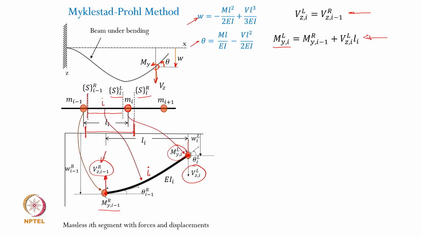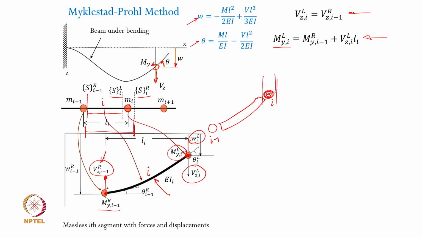What about the deflections? WIL, the deflection on the right side of the segment. Okay, so WIL actually represents the deflection just on the left of the ith mass, right. But for the segment it is the right side deflection. Please make a note that this segment is like this. You have this segment, you have a previous I minus 1th mass, and this is ith mass. So there are these two state vectors, right, and because this is considered as a point mass, there is no size associated with it.